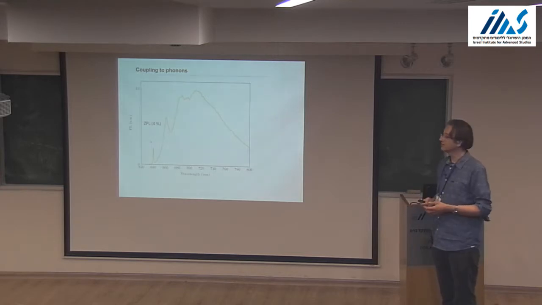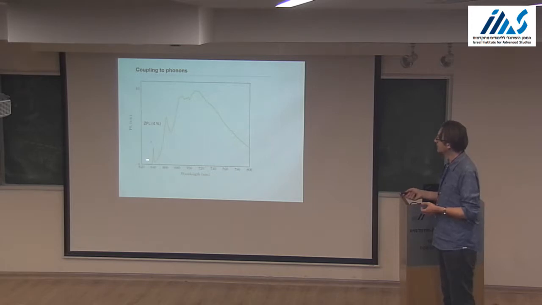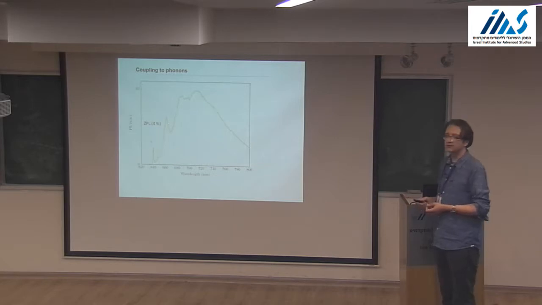Our atoms are sitting in a solid state lattice, and usually in the fluorescence spectrum you have two parts. The emission of the atom has two parts, the so-called zero phonon line, which for the NV center is a pretty weak feature. About 4% of emission is associated with the zero phonon line.